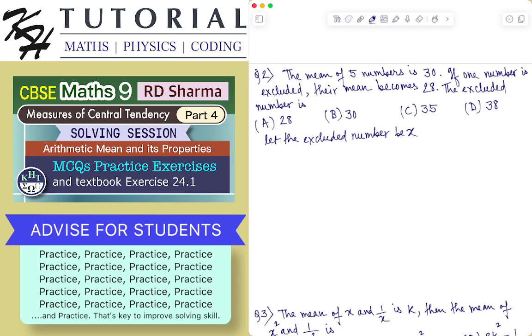Now initially it is given that the number of observations is 5 and the mean is 30. So from the formula, mean is equal to summation of the observations divided by number of observations. In this problem the mean is 30.